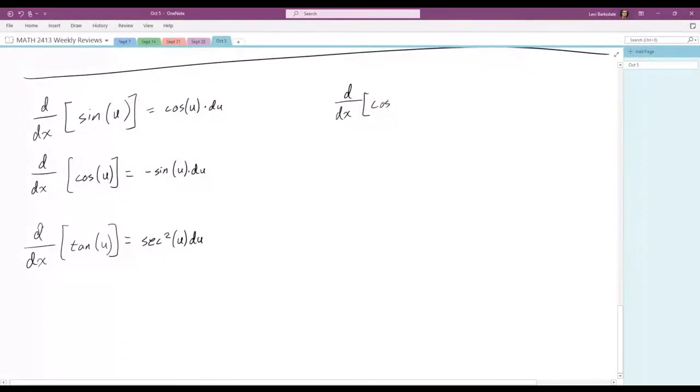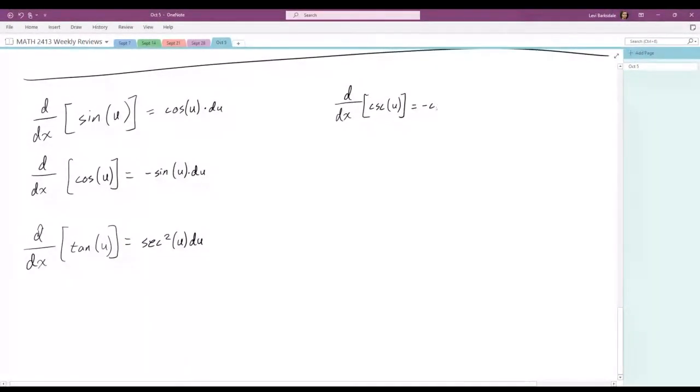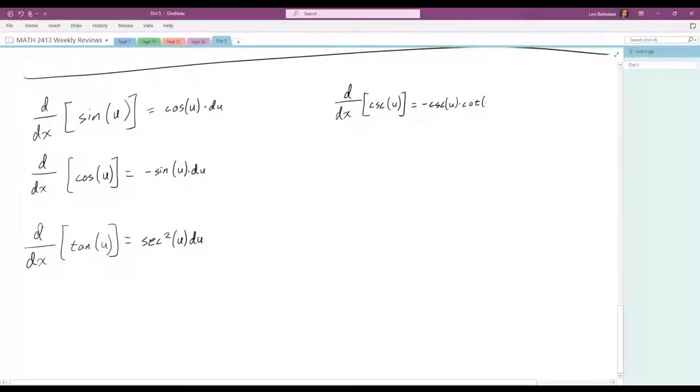We could have cosecant, which is 1 over sine. Its derivative is negative cosecant of u cotangent u, multiplied by du.